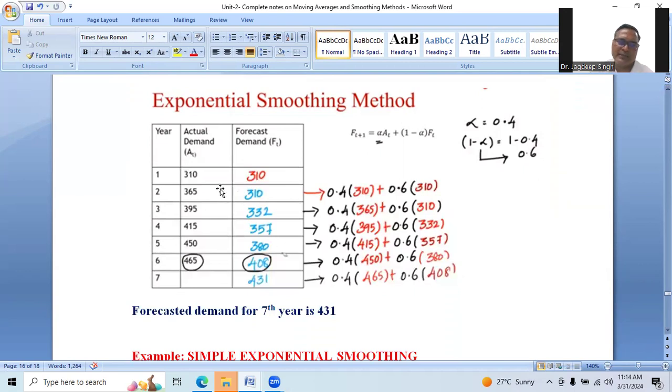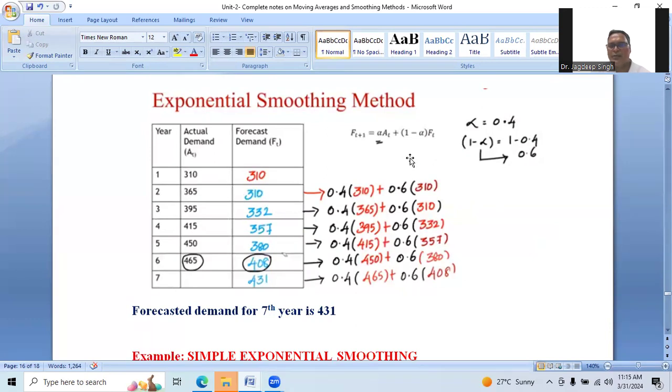Now there are two things. You can see here, for the first period, we don't have any data. So we can take the actual demand as it is, using the naive approach. So 310. In the forecast demand also we can take 310. When we put in the formula, since both A(t) and F(t) are the same, F2 will also be the same.